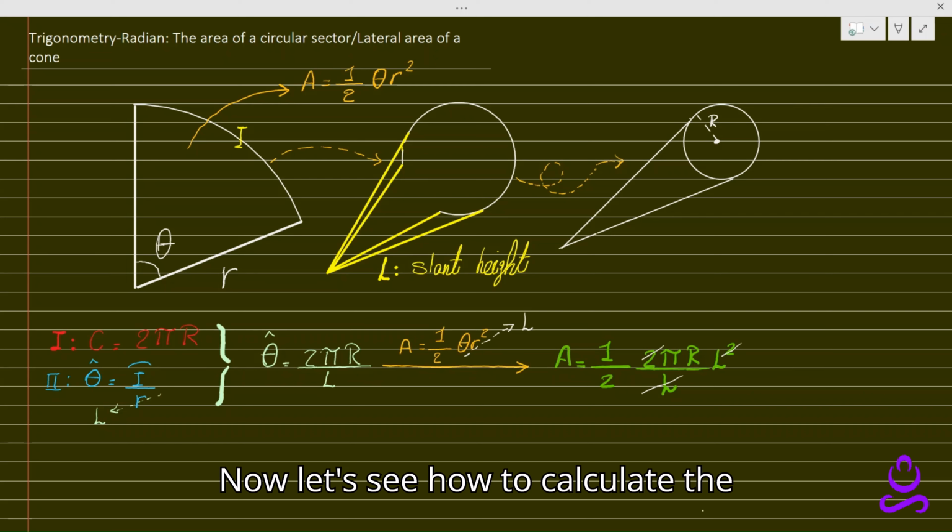Now let's see how to calculate the area of a cone made from any circular sector.